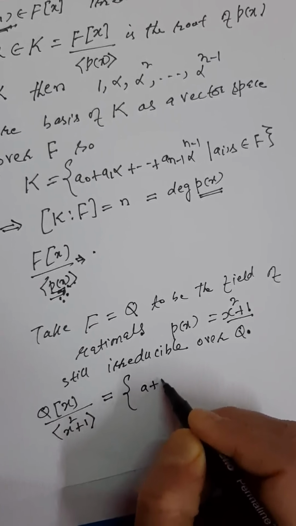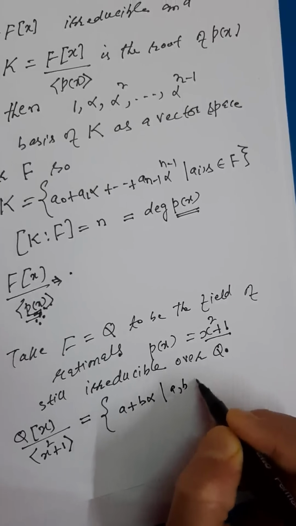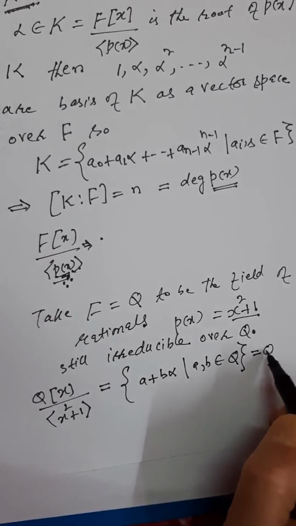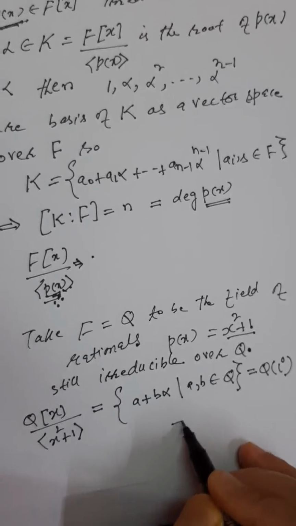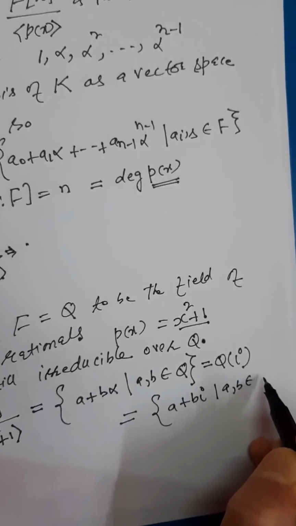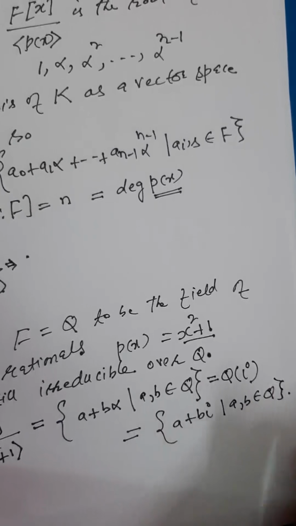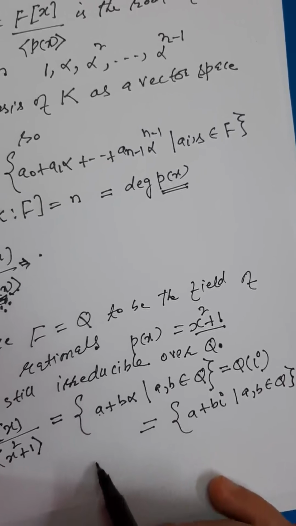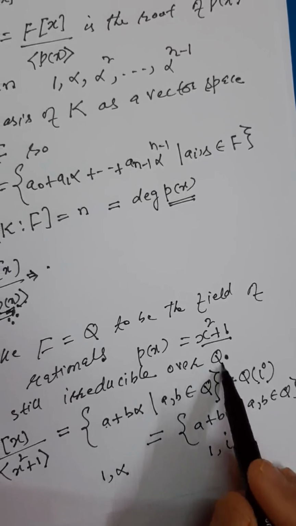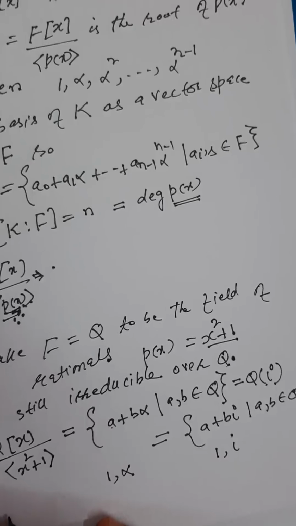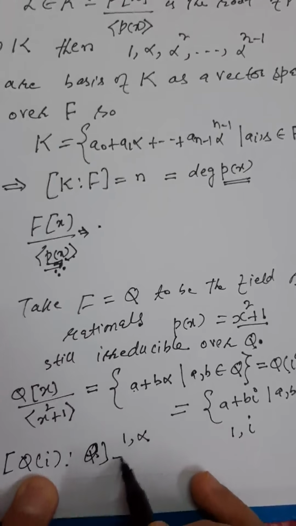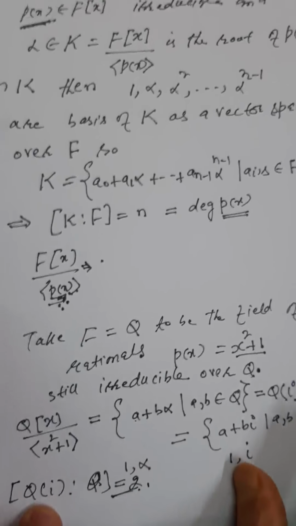It is a plus b alpha such that a and b are in Q. We also denote this extension by the symbol Q(i), and Q(i) is a plus bi such that a and b belong to Q. So 1 and alpha, or you can say 1 and i, are a basis of Q(i) over Q. Therefore the degree of extension of Q(i) over Q is 2. So this is an extension of degree 2.